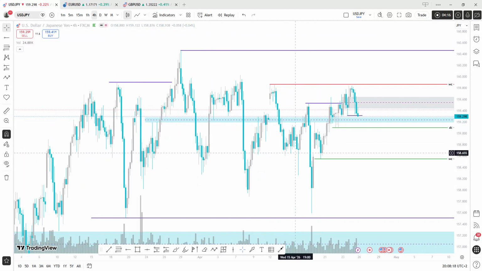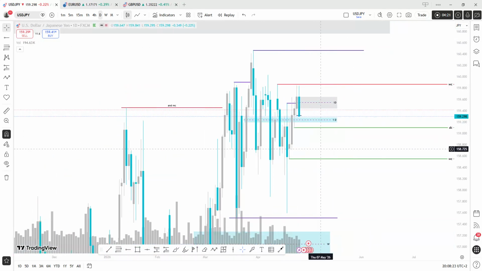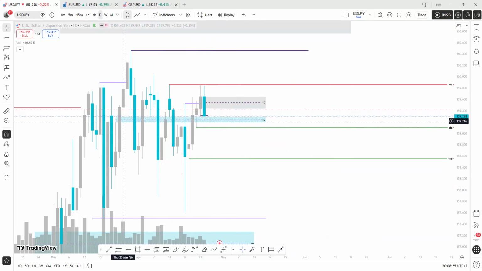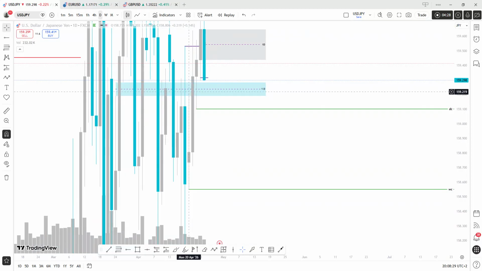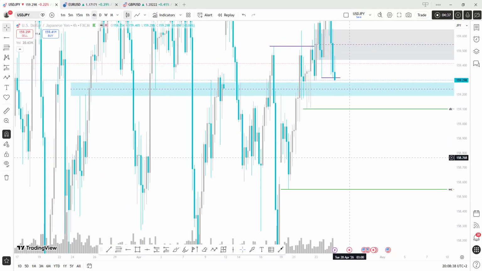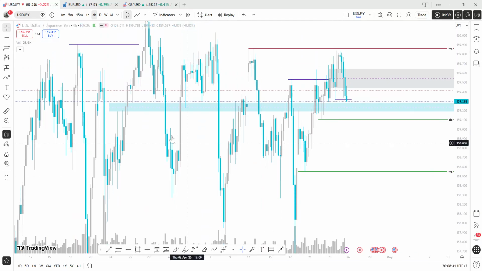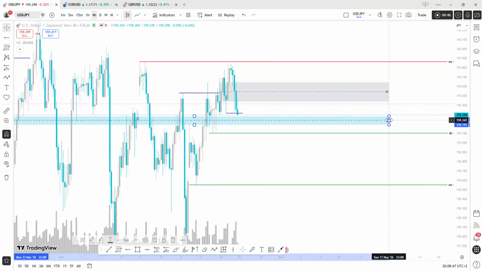On 4 hour, to take a closer look at this imbalance. In case you didn't see, this imbalance is not recent. Well, it was recent also here, but basically it came straight from here. Taking a look on 4 hour, the price is reacting very well to it, so it may react in the future, so I'm just going to leave it here.